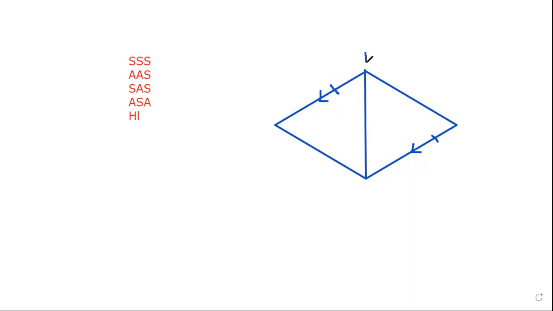Could you please prove that in ABCD, AB is congruent with DC?